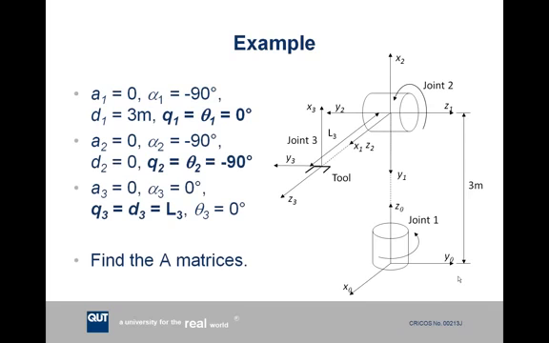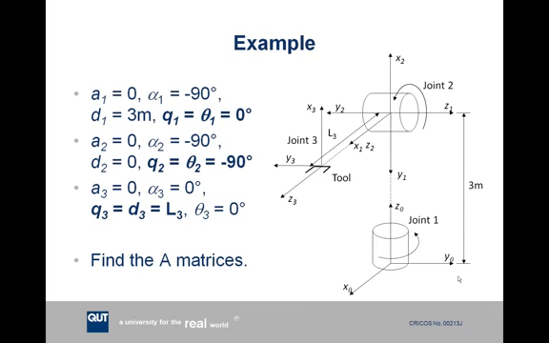So let's work out the parameters by using our 4 rules for finding the DH parameters. A1 is the distance from Z0 to Z1, measured along the x1 axis. However, in this case, z0 and z1 intersect each other, and in this situation, a is always 0.